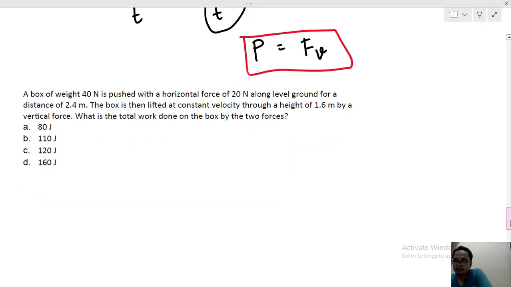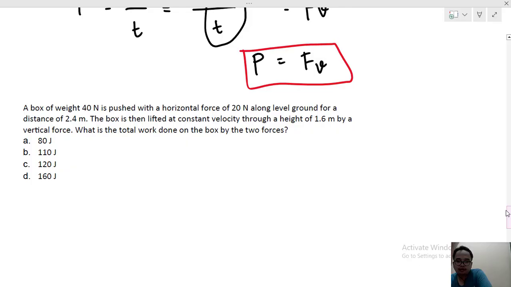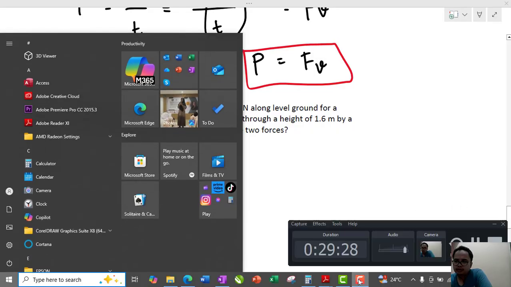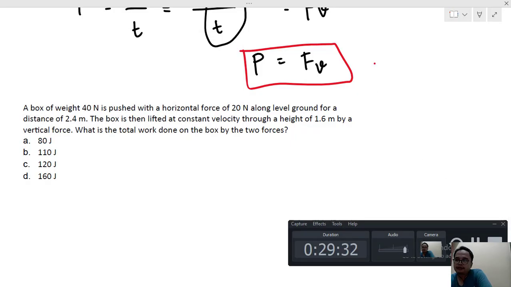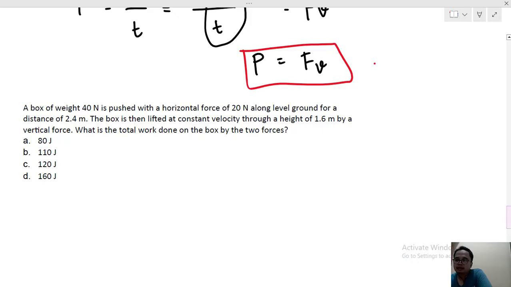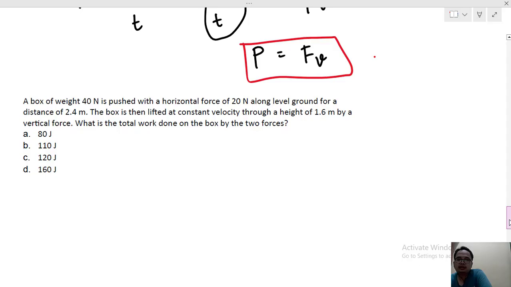Maybe one problem we can try. A box of weight 40 Newton is pushed with a horizontal force of 20 Newton along level ground for a distance of 2.4 meters.